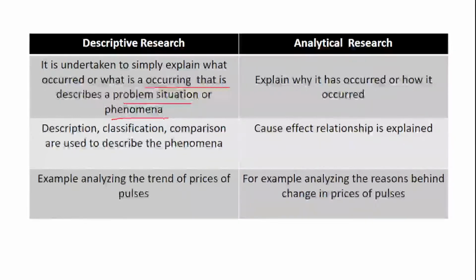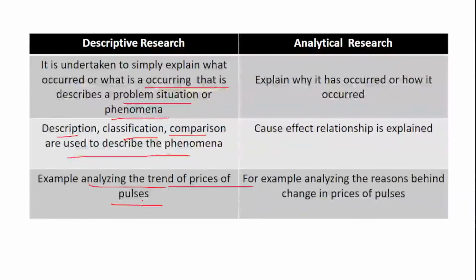We use the terms description, classification, and comparison to describe the phenomena. Example I have taken here: analyzing the trend of prices of pulses. So here you are describing, classifying, or comparing the prices of the pulses, the trend of the prices.